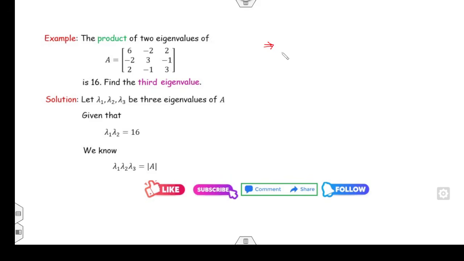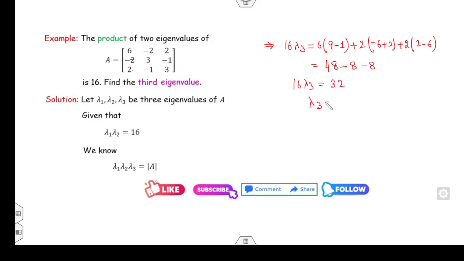That implies 16 lambda 3 equals the determinant. The determinant is 6 into 9 minus 1, minus 1 into 2, plus the third term, 2 minus 6. Now you can solve it. It is 48, minus 8, so that will be 40, and 40 minus 8 is 32. So 16 into lambda 3 is 32, so lambda 3 will be 2. That is right.